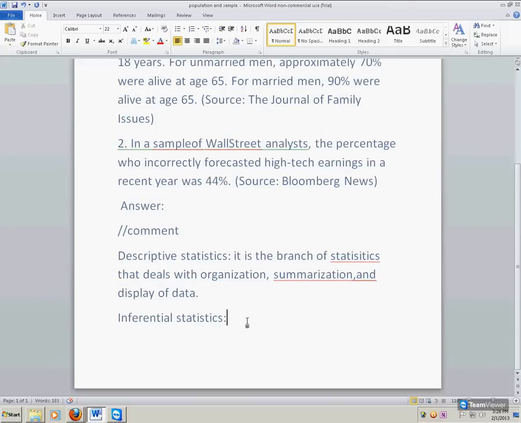Now, if you want to look at inferential statistics, it uses a sample to make conclusions. So I'm going to type it in.